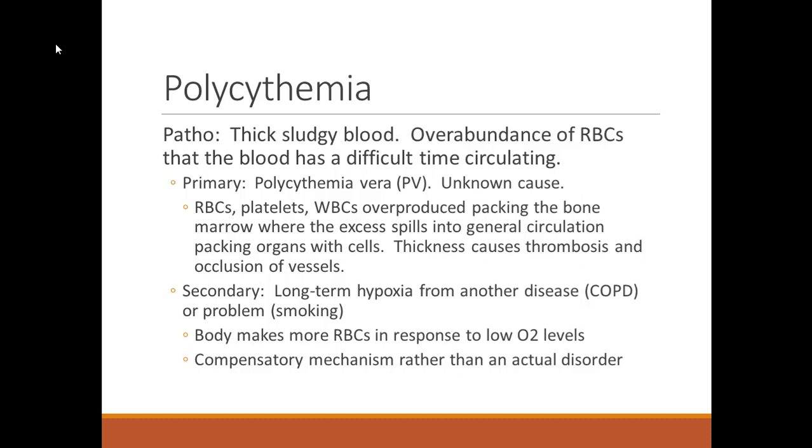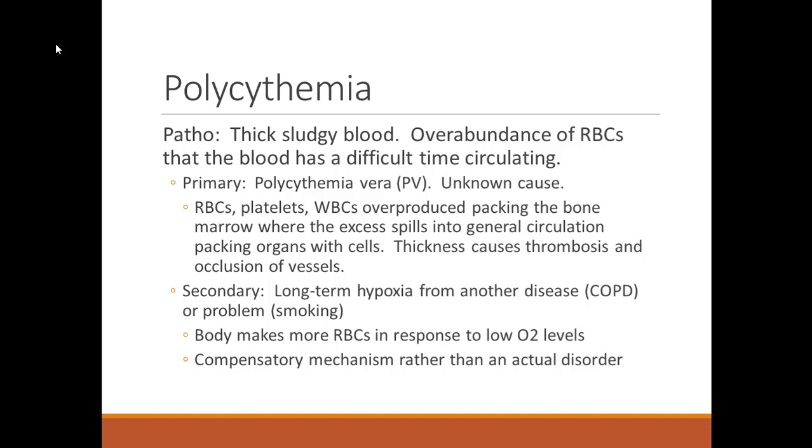So the body, like I said before, when a body is hypoxic, it's going to stimulate the body to make more red blood cells. So when somebody's in COPD and their oxygen levels are 85, that body's going to be telling them to make more red blood cells, more red blood cells. They don't have a shut off switch.